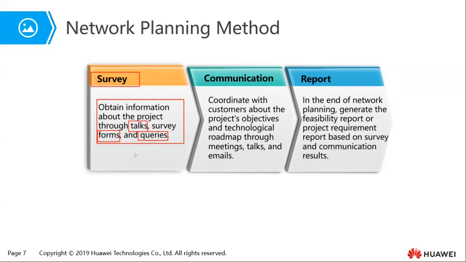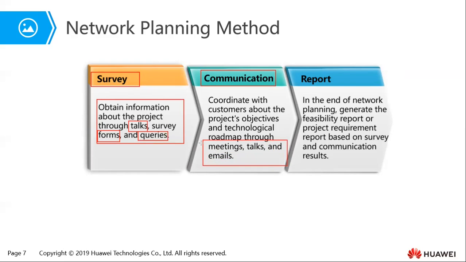So during the project background phase, the most important thing, after collecting the information, is to do that through a lot of communication. So you need to coordinate with customers about the project's objectives, the technological roadmap, through all these things that we've talked about.